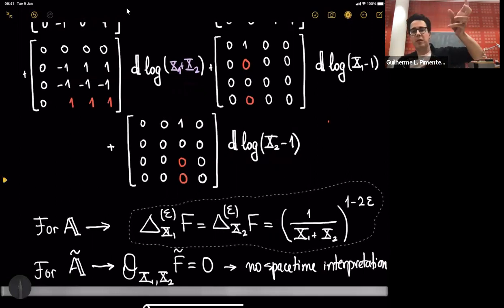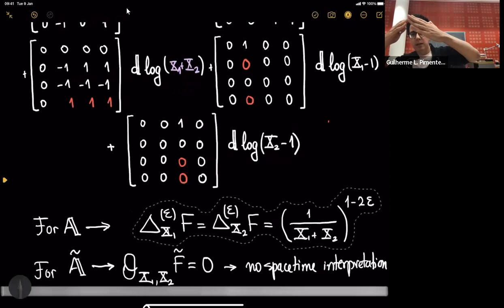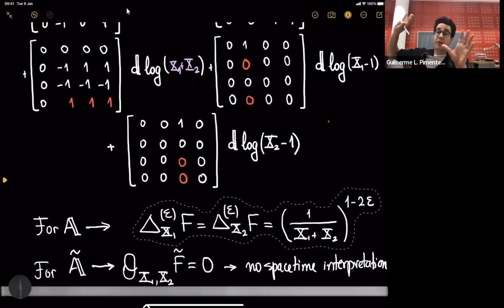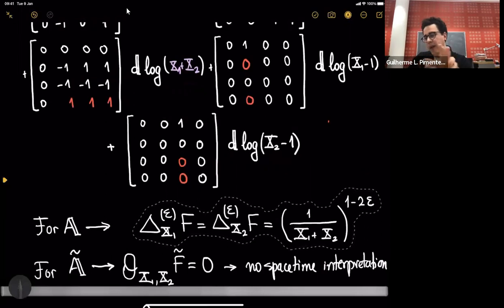Meaning you do something on the left and you collapse the 4-point function into some simpler object, or you do something on the right and you collapse the 4-point function into something simpler. But now for A tilde, you find some homogeneous differential equation that has no space-time interpretation.